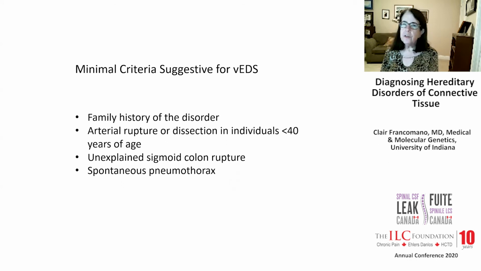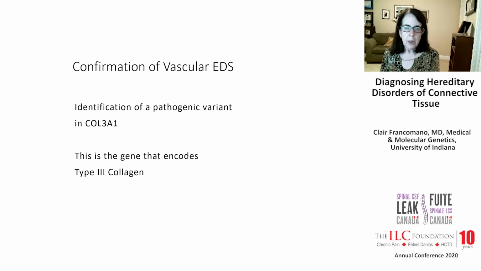And they include the family history of the disorder, arterial rupture or dissection in individuals less than 40 years of age, unexplained sigmoid colon rupture, or spontaneous pneumothorax. And to confirm the diagnosis of vascular EDS, we look for a pathogenic variant in COL3A1, which encodes type 3 collagen.